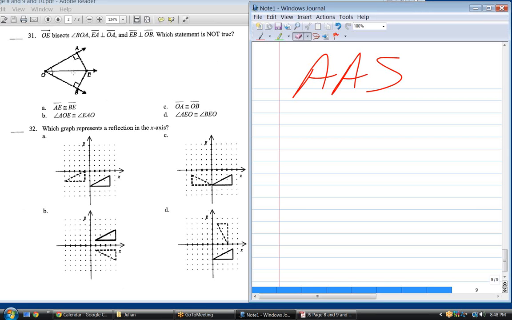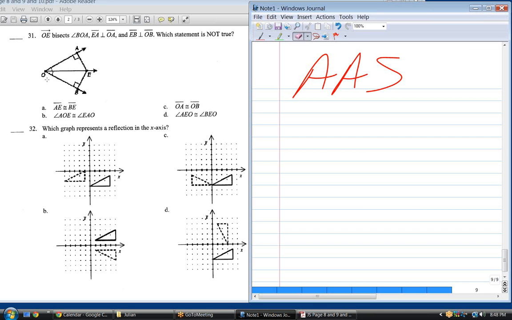So the last one must be the one not true. AEO is not congruent to BEO. Why not? Yes, it is. Yeah, I know it says it is. Whoa, that's weird.